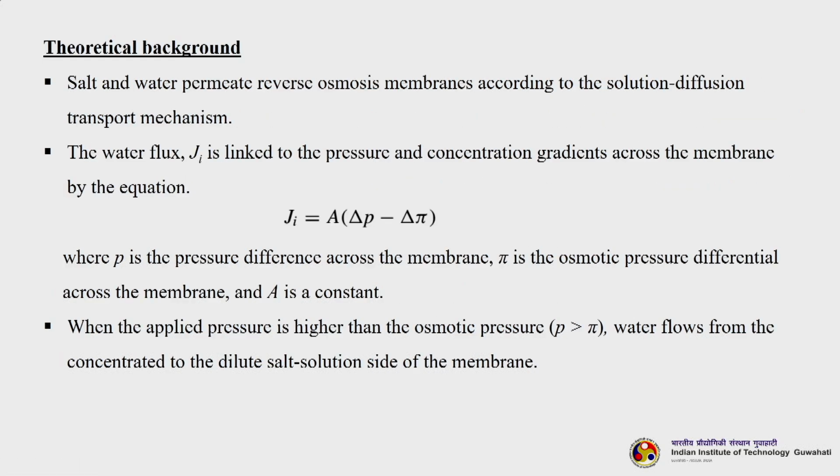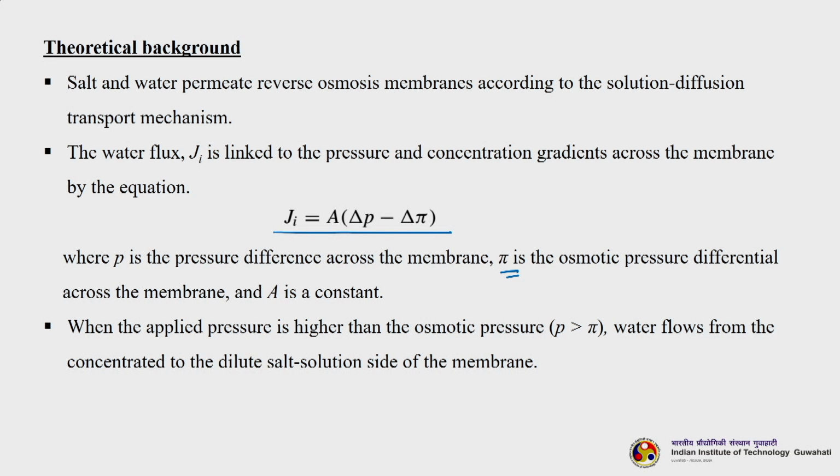Salt and water permeate reverse osmosis membranes according to the solution diffusion transport mechanism. We have discussed solution diffusion in detail; today also we will briefly touch on it. The water flux is linked to the pressure and concentration gradients across the membrane by this equation: Jw equals A into delta P minus delta pi, where P is the pressure difference across the membrane, pi is the osmotic pressure difference, and A is the proportionality constant or phenomenological coefficient.